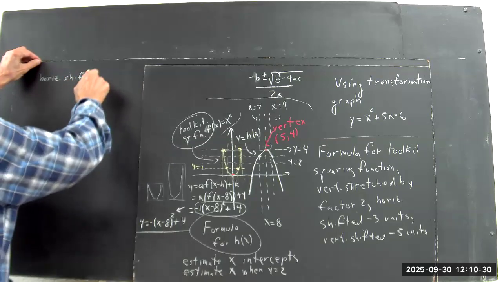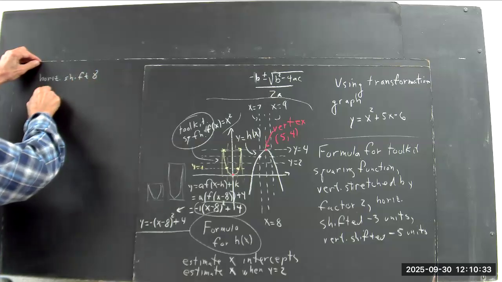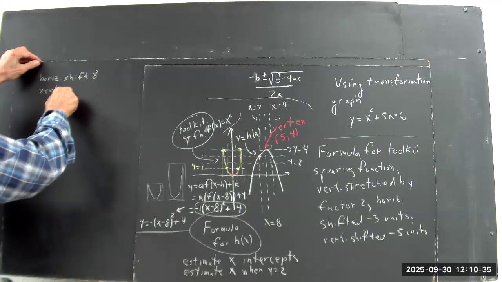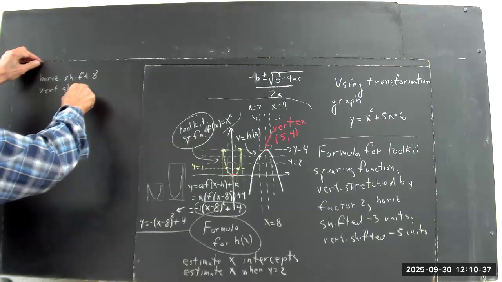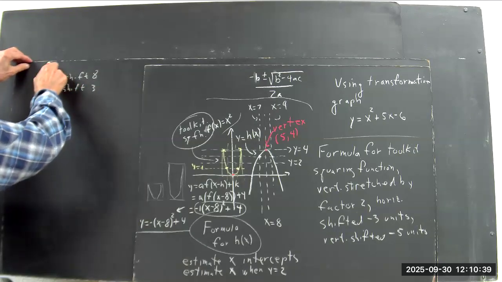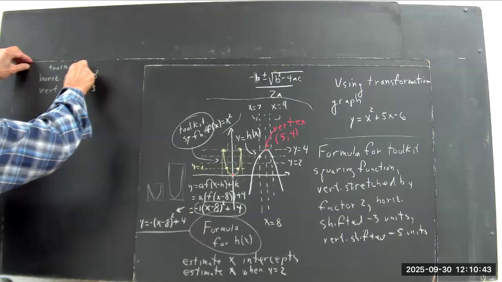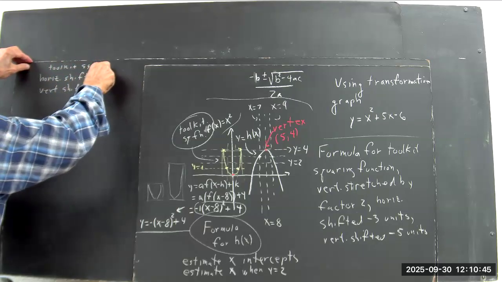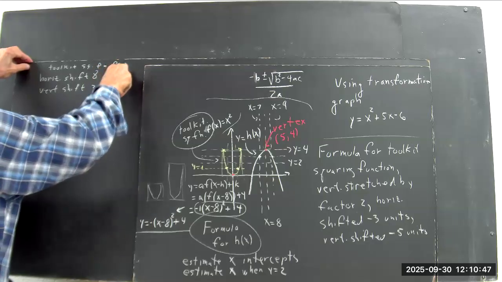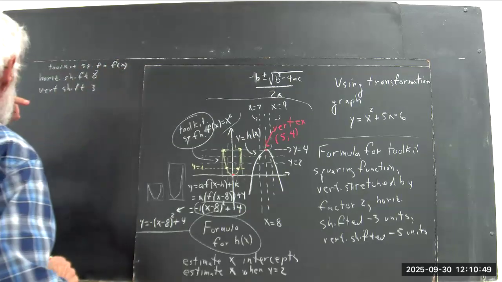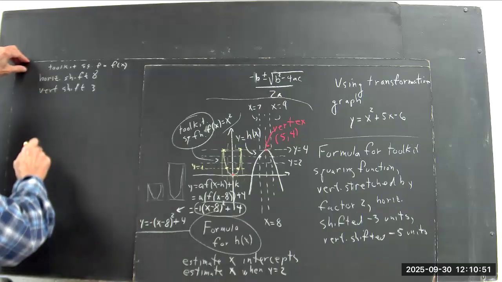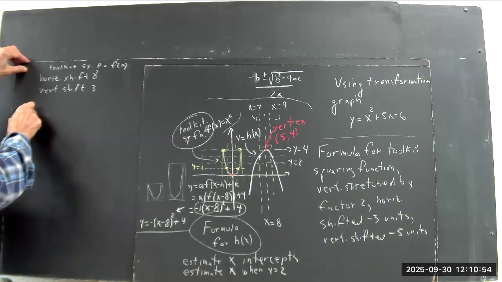horizontal shift 8. We got the toolkit function f.